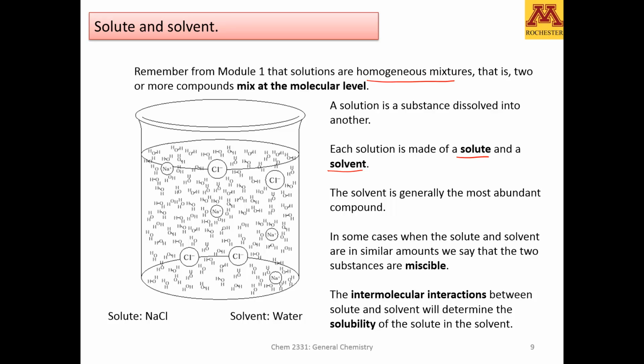In the case that the solute and solvent are not discernible in quantity, we will say that the substances are miscible. That will typically be a liquid-liquid solution where you can add any quantity of both, and that's still a solution, but you will not be able to distinguish between solute and solvent.